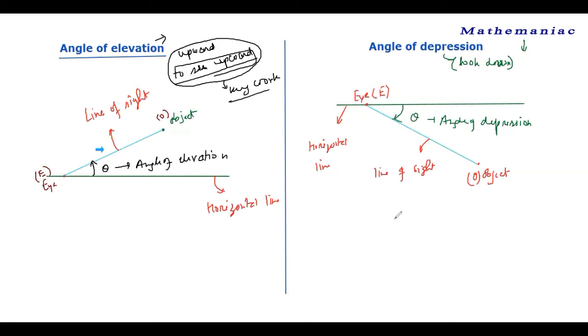So here we get two definitions, and the definitions are very important. Number one, line of sight. What is a line of sight?